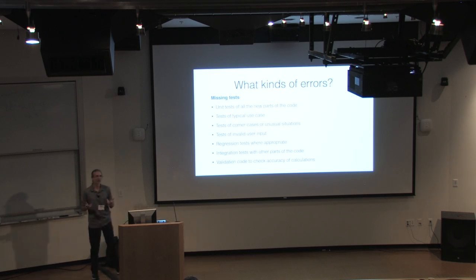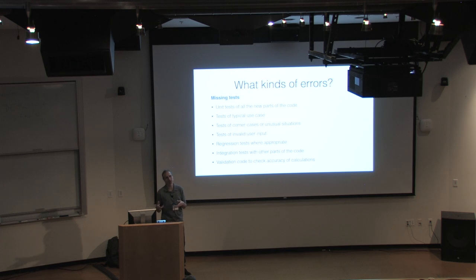Invalid user input. So if this is a user code, right, make sure that when the user does something stupid or wrong or didn't read the docs, it doesn't just completely fail. It gives them some informative error message and says, this is an invalid value. You can't have shears more than one. Blah blah blah. Whatever. So make sure there's appropriate regression tests if that's appropriate, or integration tests.